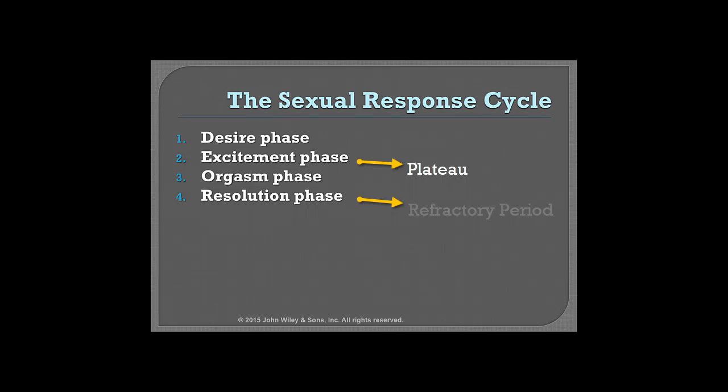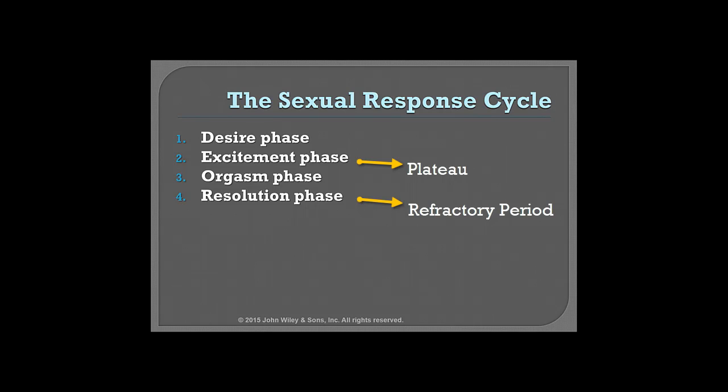There's another phase called the refractory period, which follows the resolution phase. It's the time during which a person is physically unable to achieve another orgasm.